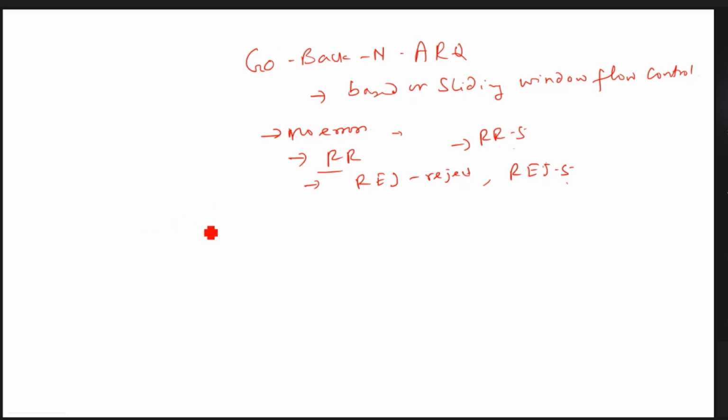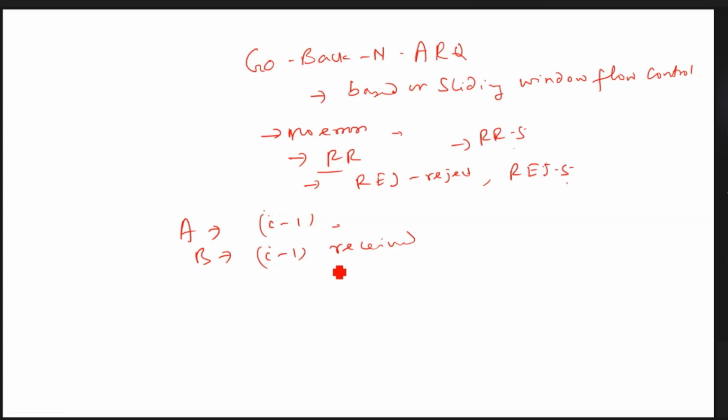Suppose station A transmits frame I-1, and B receives this I-1 frame successfully, right? Several cases will be there, and those things are to be made clear. What are the different cases?